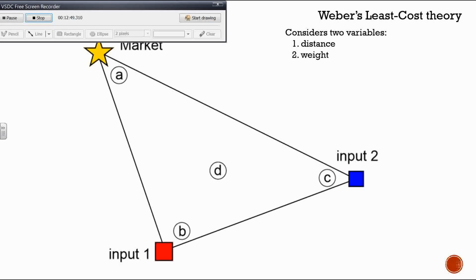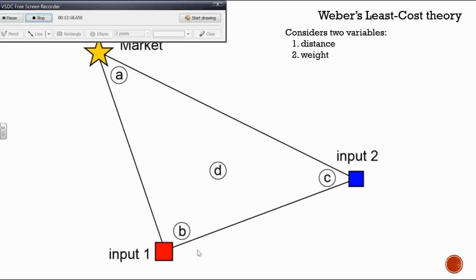Iron is pulled out of the ground in these massive chunks, and those chunks are not light. Now ask yourself, if you're the manufacturer, do you want to move that chunk all the way from point C to point A, then refine it, then sell the finished steel? No. You're going to want to refine that as close to input 2 as you possibly can, by point C.